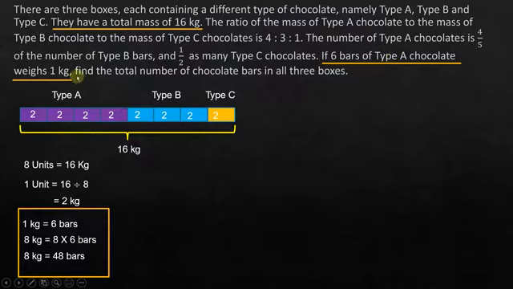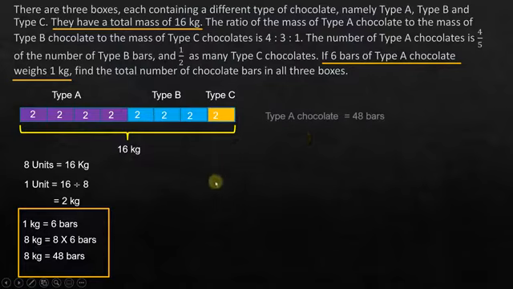That's one clue that maybe the size of this is not equal to this. And the second is they're also additionally giving this information: the number of type A chocolates is 4/5 of the number of type B bars and half as many type C chocolates. So with those two things, it's clear that we cannot use the same logic to find out how many type B and type C there are.